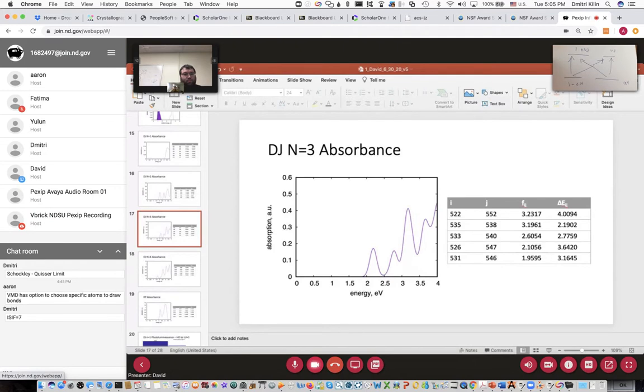No. Oh, I'll just maybe scan and email. But basically, it's the same as what you are telling. It's drawing 2 lines for degenerate HOMO, drawing 2 lines for degenerate LUMO, and then connecting them by 4 arrows for transitions.